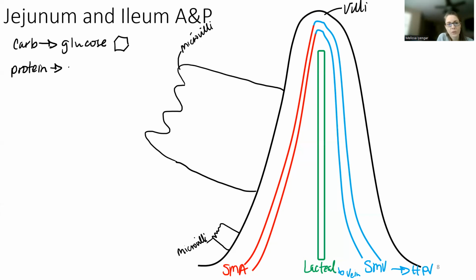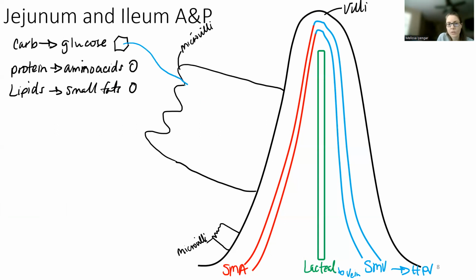Proteins are going to be broken down into amino acids, which are going to be like about that. Then I can have lipids, okay? If I have lipids that get cut by lipase, I'm going to have really small lipids, or small fats. Again, kind of maybe like that.